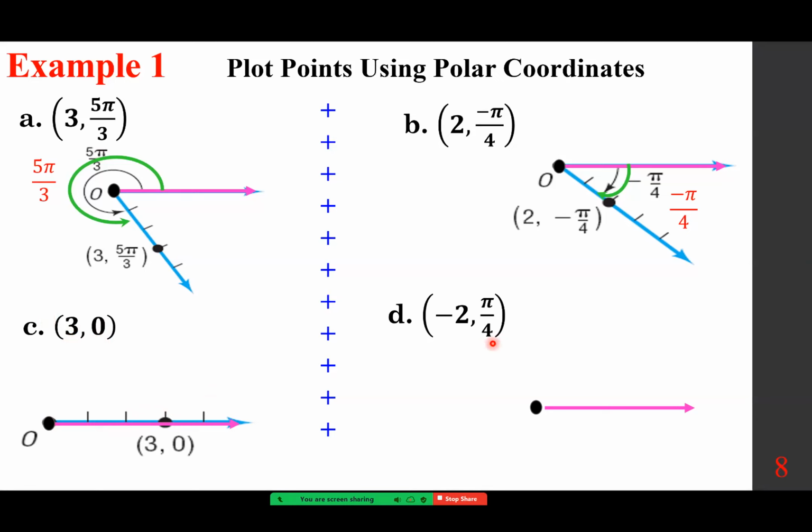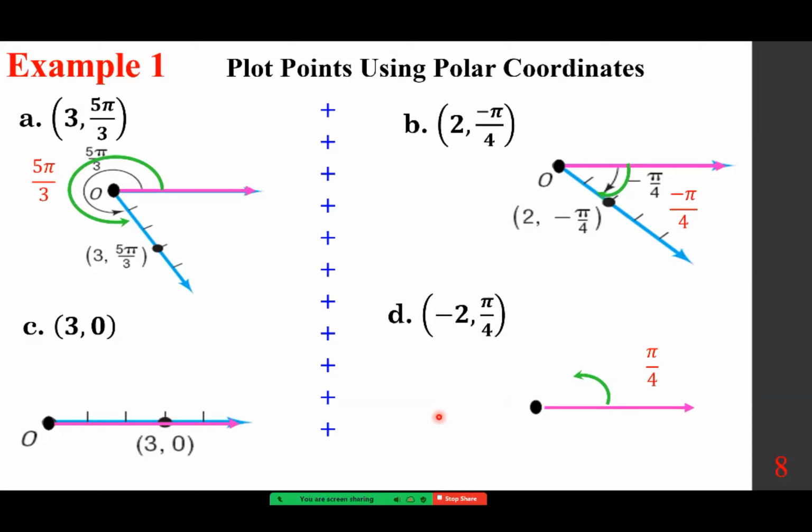We want negative 2, pi over 4. First, we make the pi over 4 angle. If it were positive, we would have the positive side and 2 tick marks. Because it's negative, the value of r is negative, so at pi over 4 you continue on this side, we make 2 tick marks.